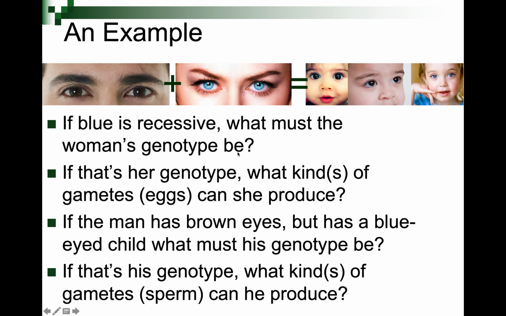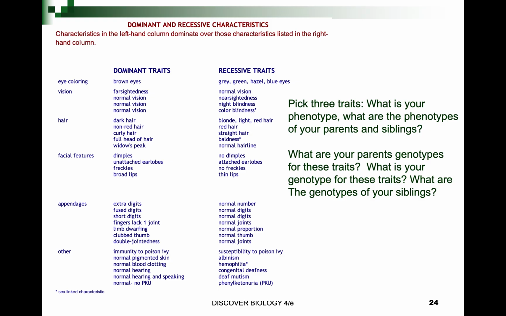If that's her genotype, what kind of gametes can she produce? If the man has brown eyes but has a blue-eyed child, here's the clue. What must his genotype be? If that's his genotype, what kind of gametes can he produce? Does this all make sense now? You're starting to see that a little more clearly?